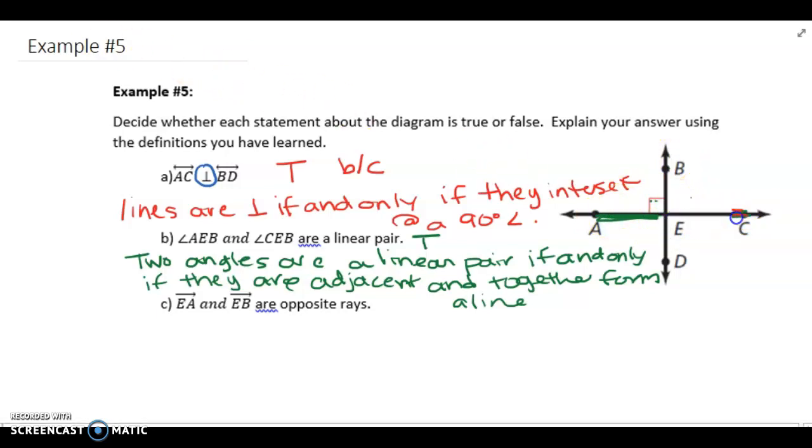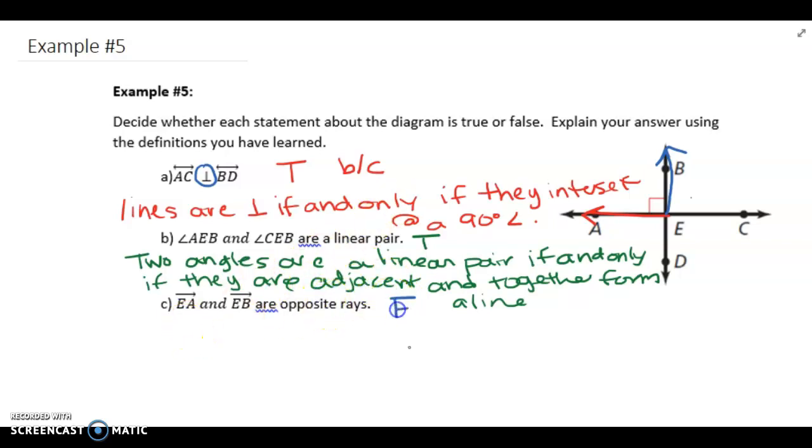All right, once again, I'm going to erase all this. Now let's look at C. Ray EA is right here, and ray EB, which is right here, are opposite rays. Is that a true statement?